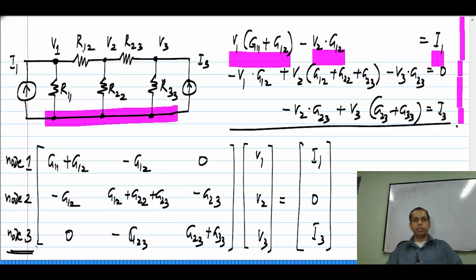So, the nodal analysis equations, which basically are written down as currents flowing out of a particular node in resistances equals the independent current source being injected into that node, that I have put down in a matrix form. Okay.